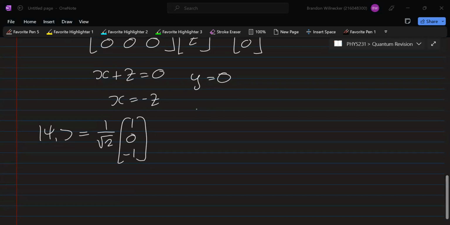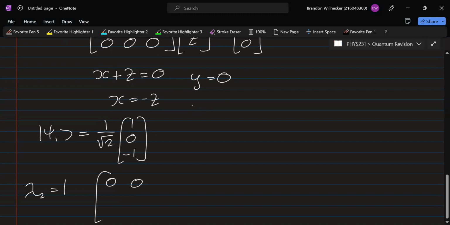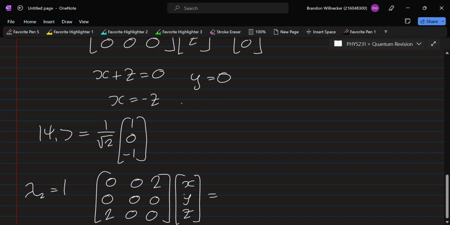We can do a similar thing for lambda 2, so that's equal to 1. Okay, again, substituting lambda, we end up with 0, 0, 2; 0, 0, 0; 2, 0, 0 times x, y, z equals 0, 0, 0, the same as before.